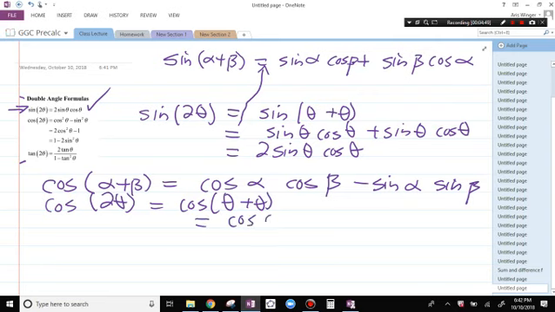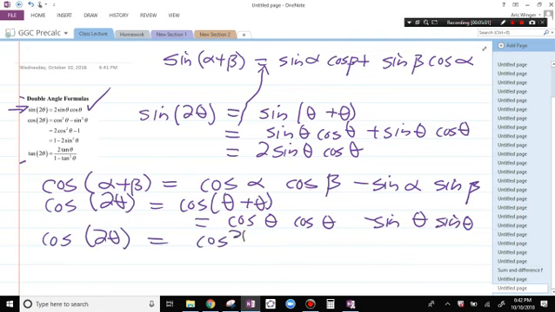It's the cosine of theta cosine of theta minus the sine of theta sine of theta. Cosine of 2 theta is really cosine squared minus sine squared. This is how you handle taking the cosine of twice an angle.